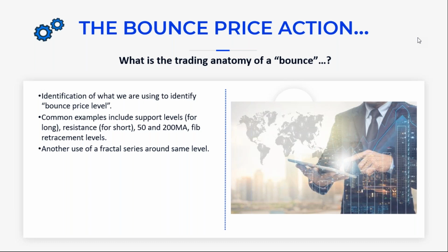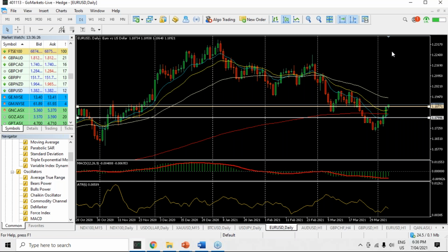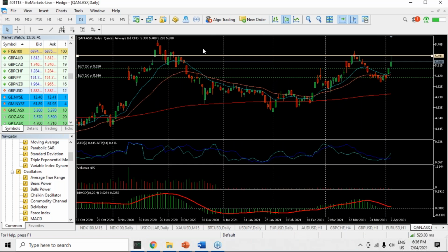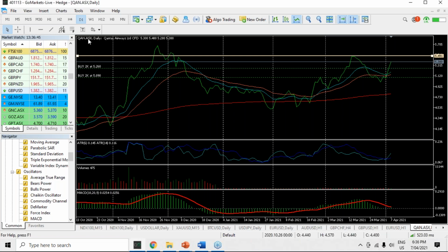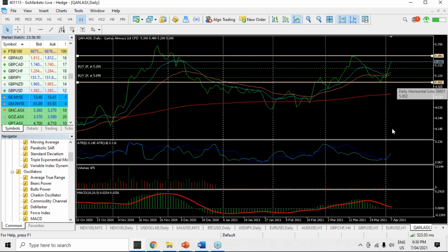If we look back at a couple of charts that we just looked at, this is really a standard trend reversal, so that's not really relevant. But if we look at Qantas and the anatomy of this, we've got a level that's kicking around at $5 dead.